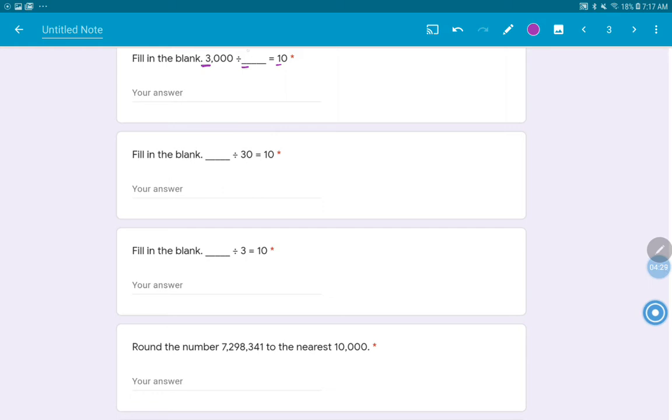And I know that 3 divided by 3 is 1. Now I have 1 0 here in my quotient. So that means I'm going to need to get rid of 2 of these zeros here. So my answer is going to be 300. 3,000 divided by 300 equals 10.